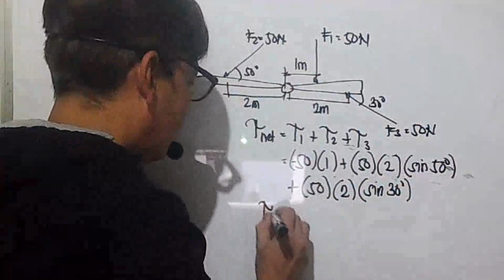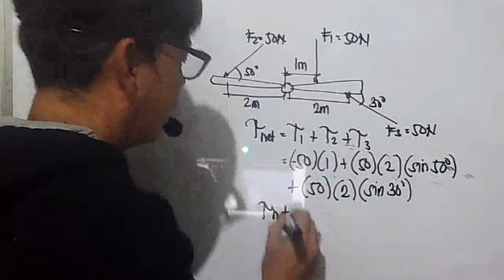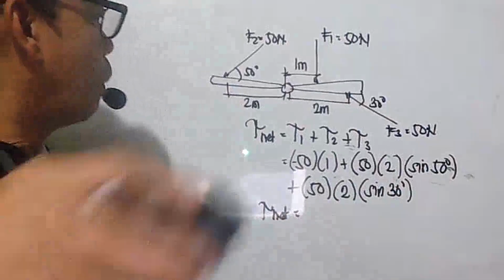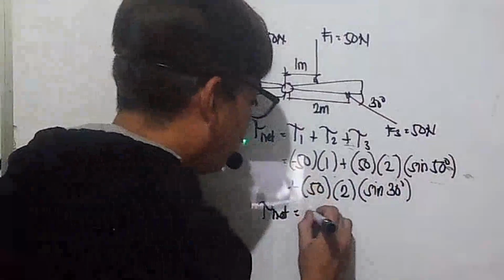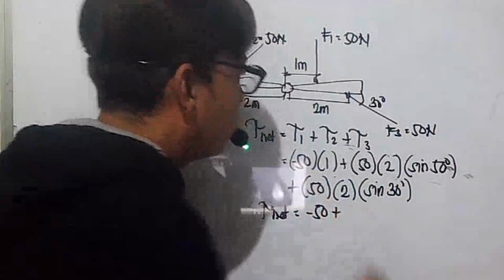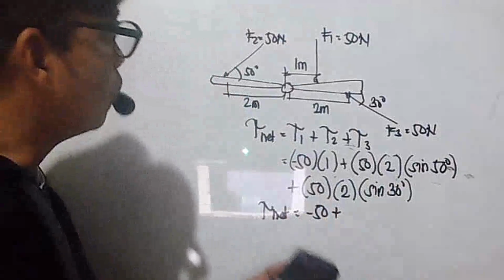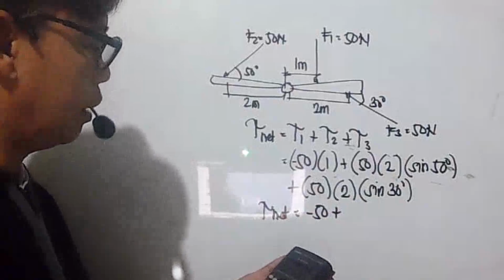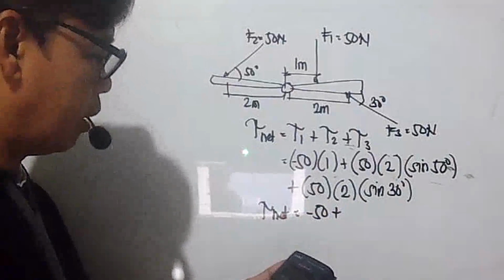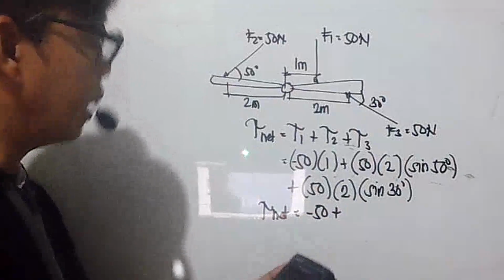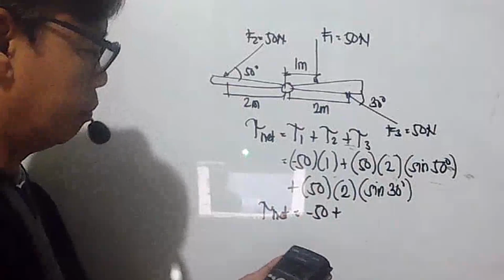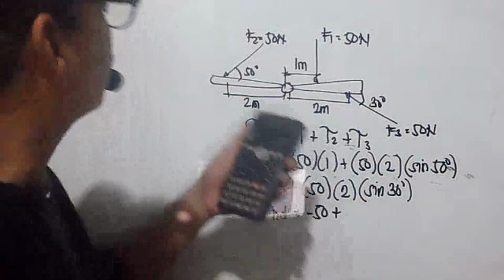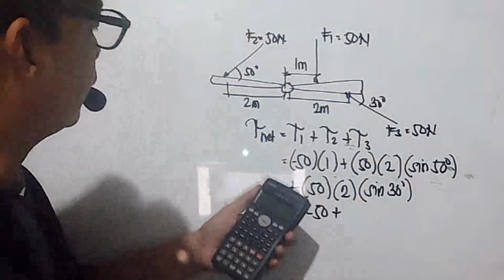So that is your net torque. Let's compute. This is equal to negative 50, then plus 50 multiplied by 2 multiplied by sine of 50 degrees. It is 76.6.